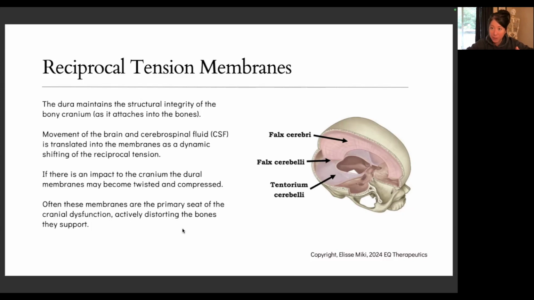Remember, the dura is very inflexible, so they can actively distort the bones that they're actually supporting. This is why sometimes when we see humans or horses with some severe asymmetries in the bones, we can do some work and we'll see that the bones shift. It's not actually that we've mobilized the cranial bones, because those are suture joints that are not so mobile like a hinge joint, but that the membrane tension has been removed, so the bones are going to actually appear to have shifted.